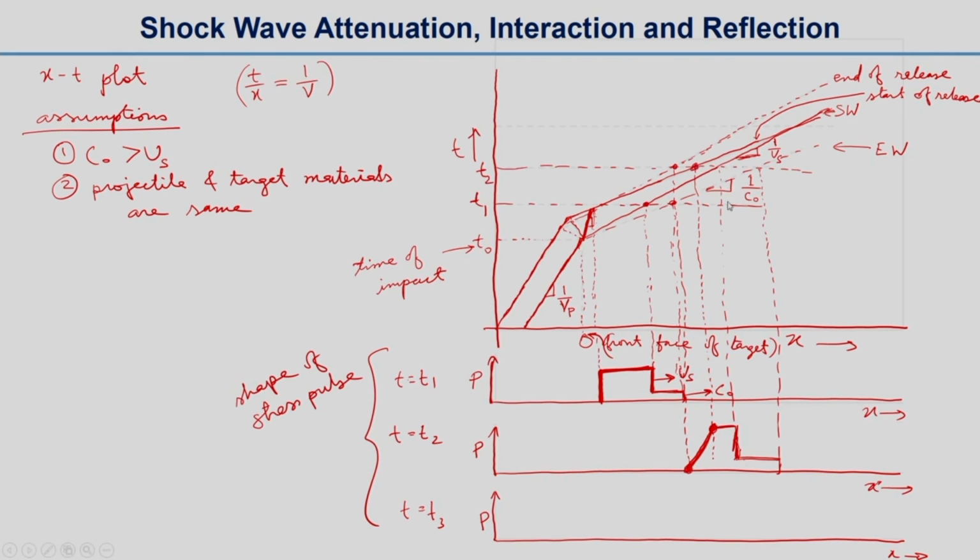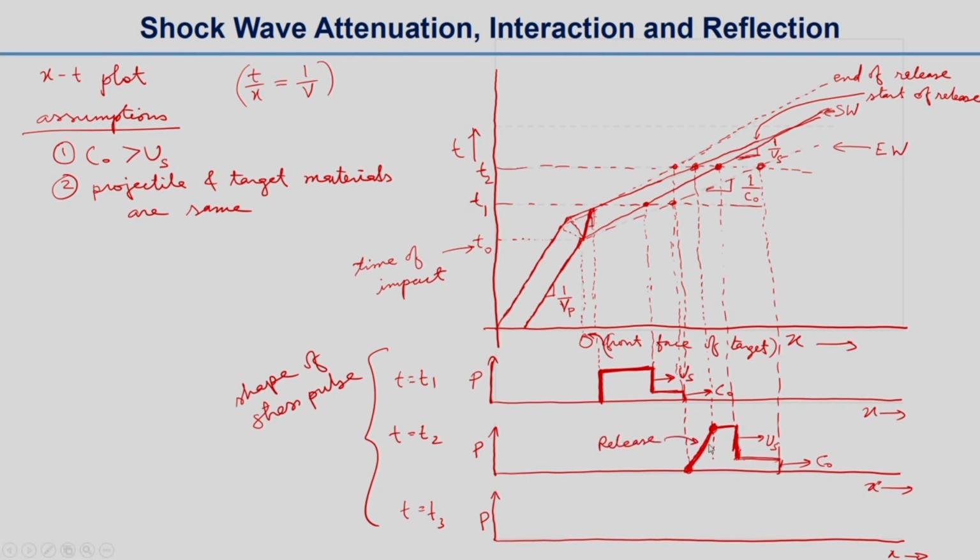Similarly, this point is where the shock wave crosses the time t2, the point corresponding to this shock front, and this is where the elastic wave crosses, this is the elastic wave front, this is our shock wave front, and here I will write release, that is the release wave.